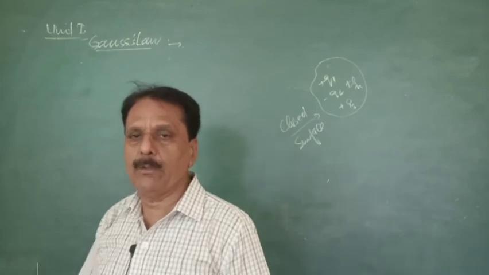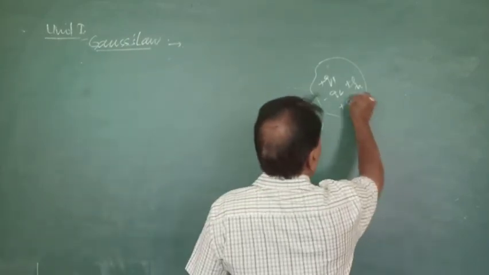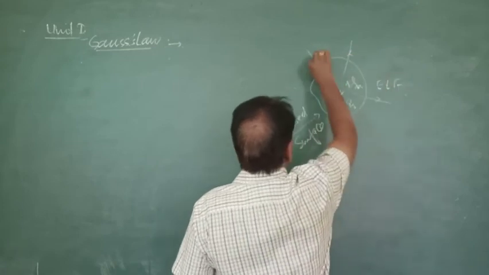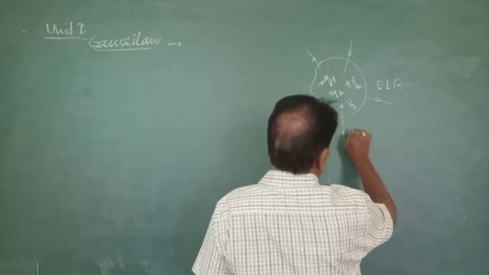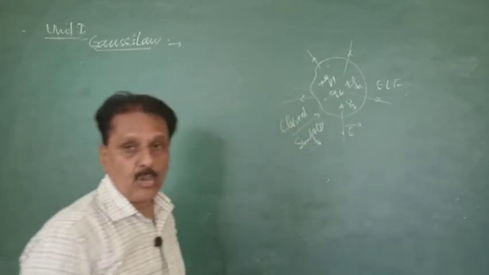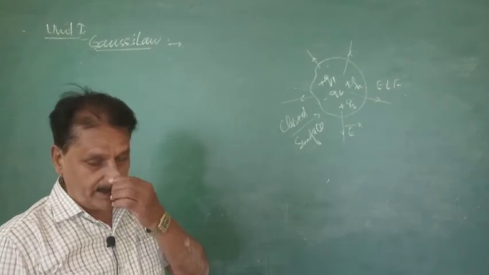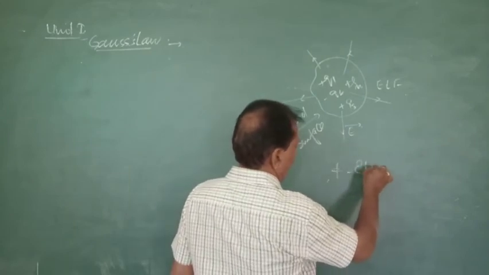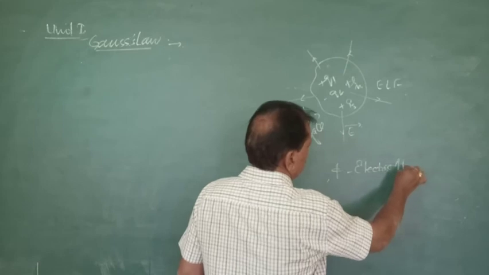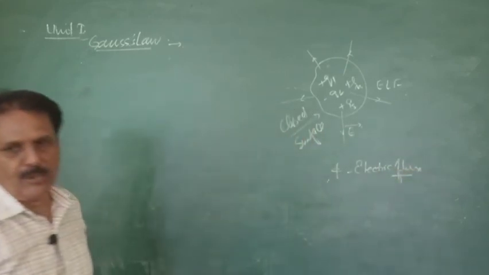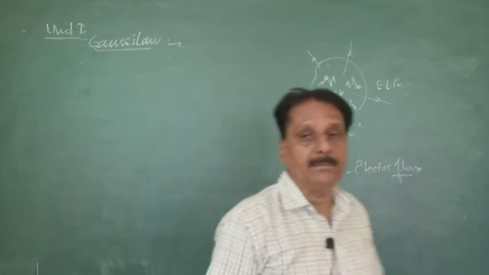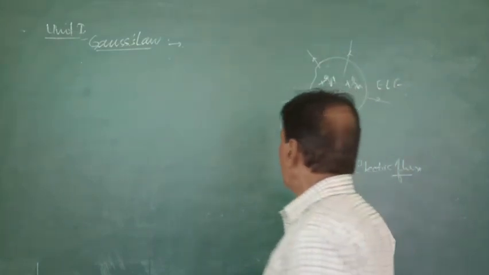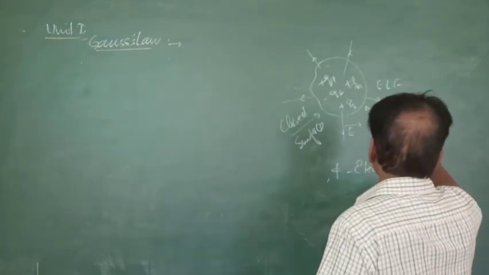Now, due to the presence of enclosing charge, there will be electric lines of force which produce an electric flux through this closed surface, given by phi. So first of all, we have to draw the diagram by which we can define the Gauss law, and this surface is also called a Gaussian surface.